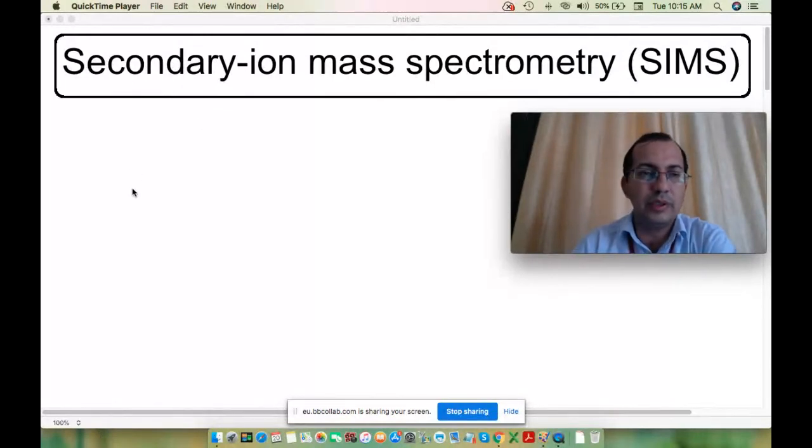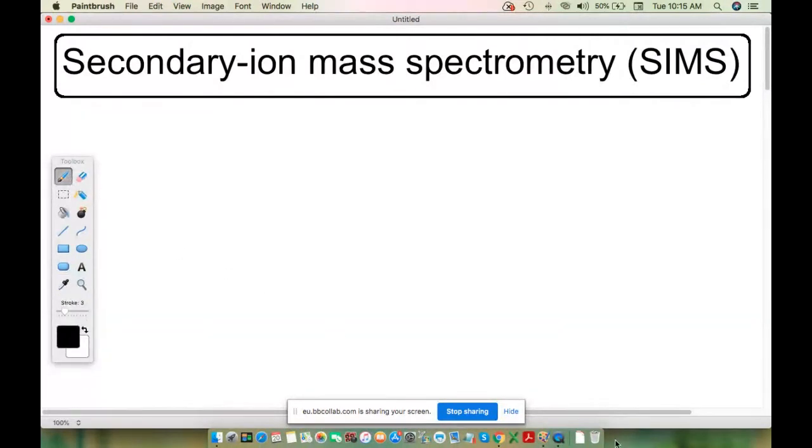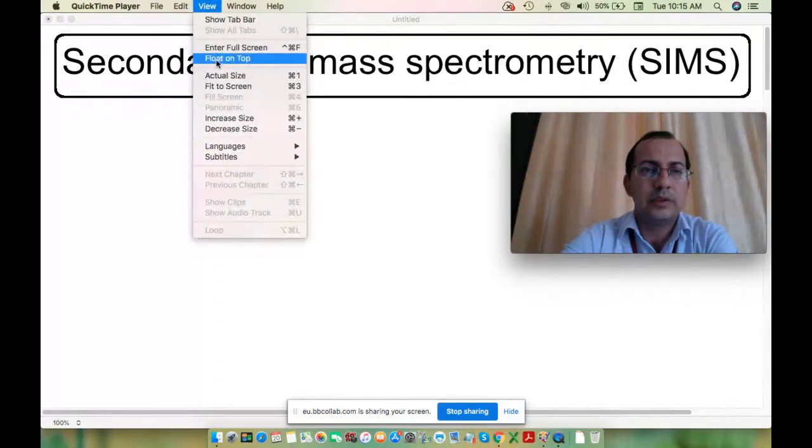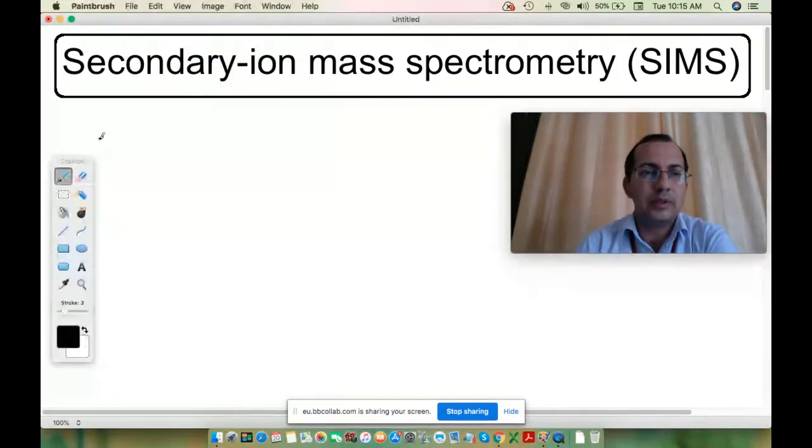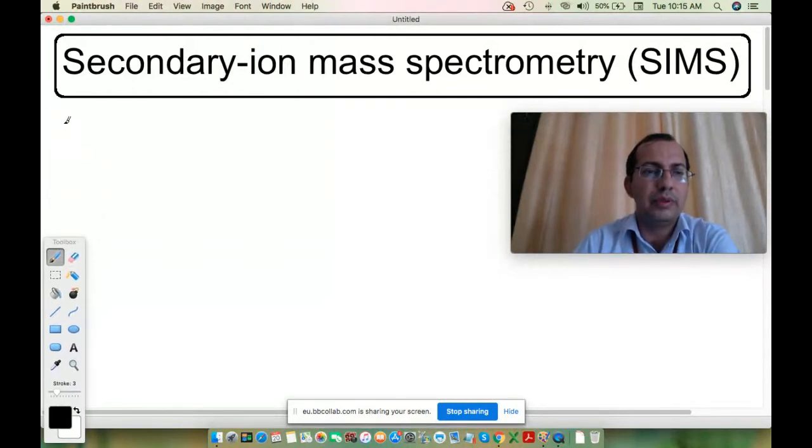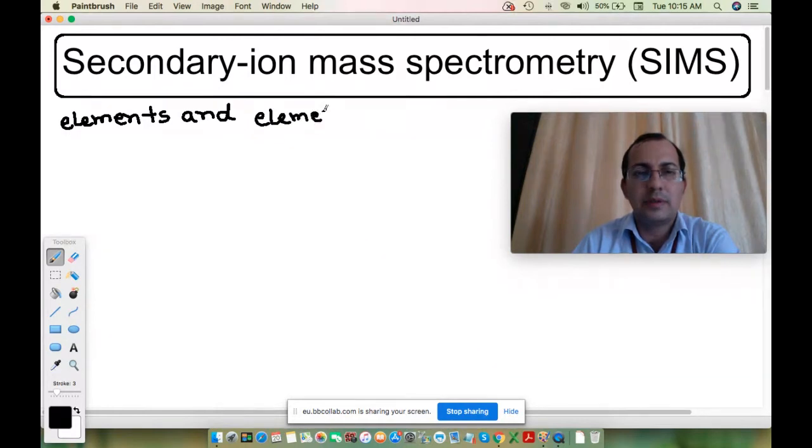Initially, with the help of secondary ion mass spectrometry, if you want to know about the elements and the elemental composition, you can look at SIMS measurements and how they will be helpful for us.